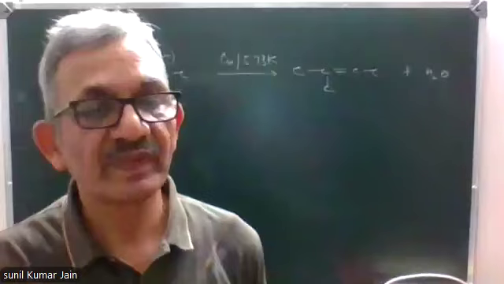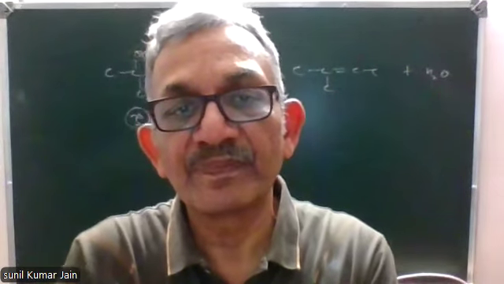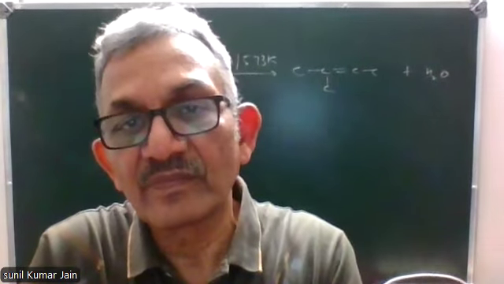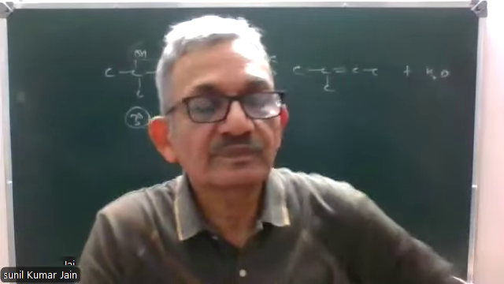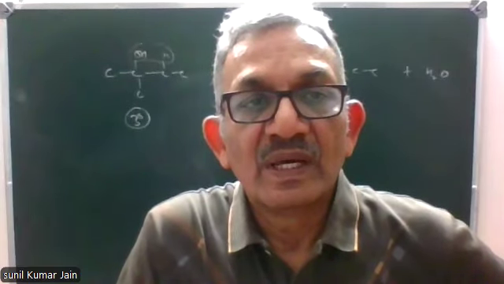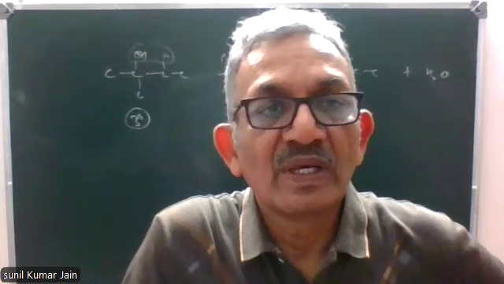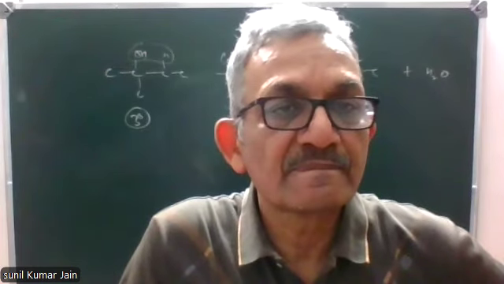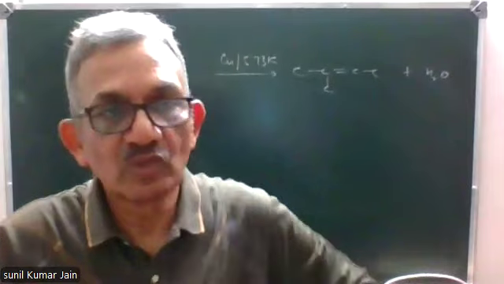Next paragraph. With A and B, a tertiary alcohol first undergoes dehydration to give an alkene according to Saytzeff rule, which on further oxidation gives final products, more than one product, right?